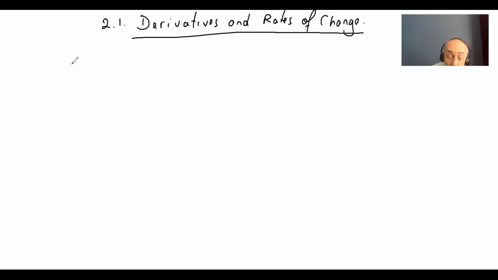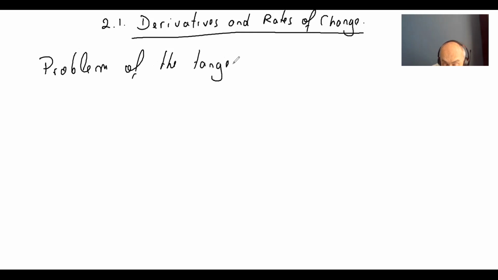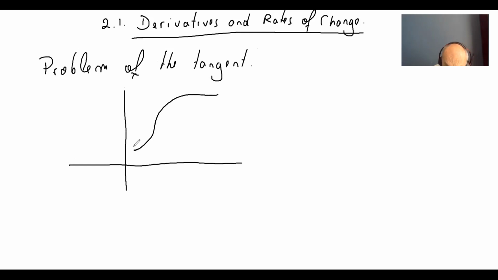So the problem of the tangent. It's the usual problem that we discussed earlier in the semester when I gave you an example as a limit, because you can think of that as a limit. You have a function, and it doesn't necessarily have to be a parabola.